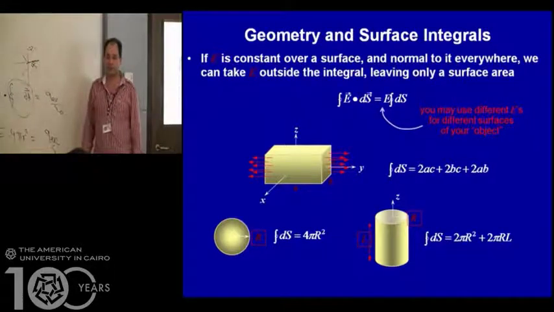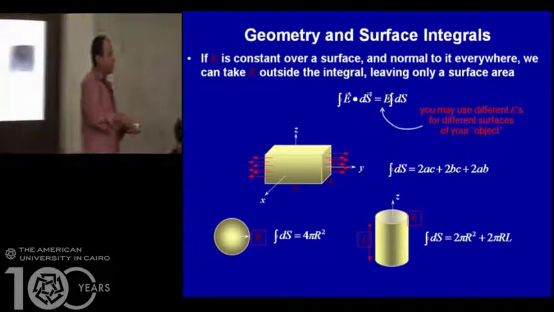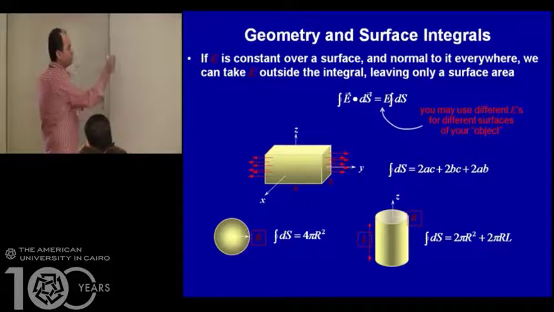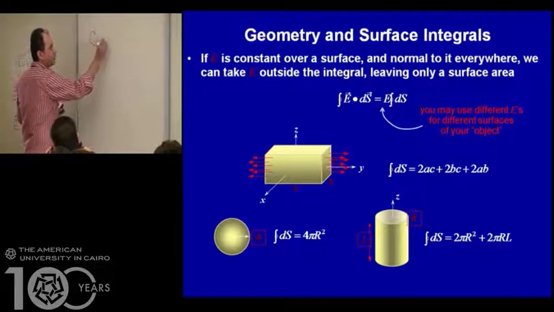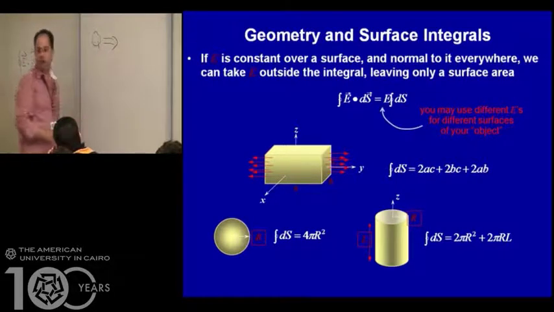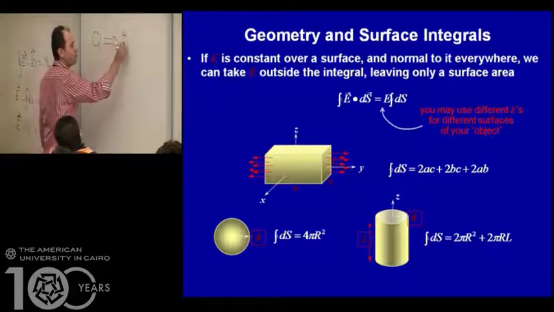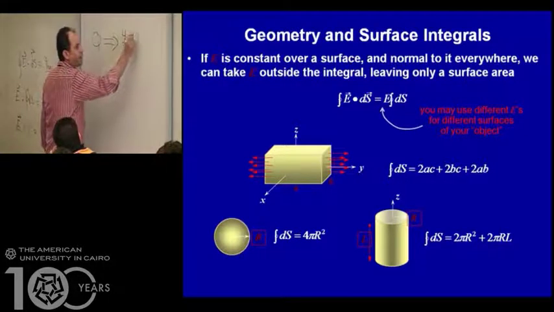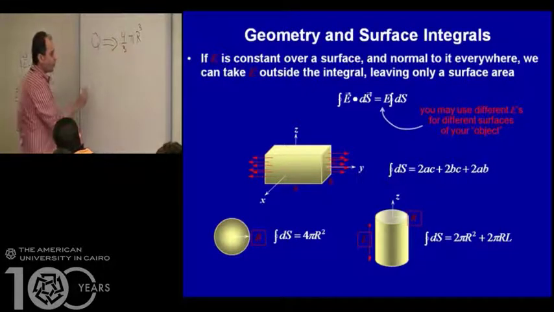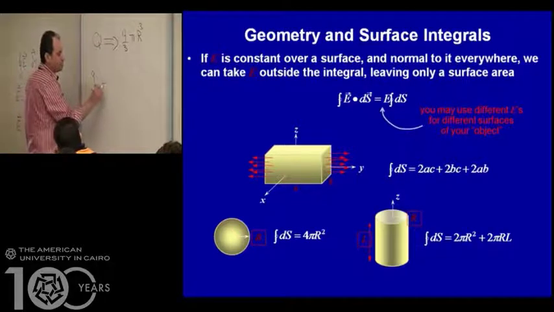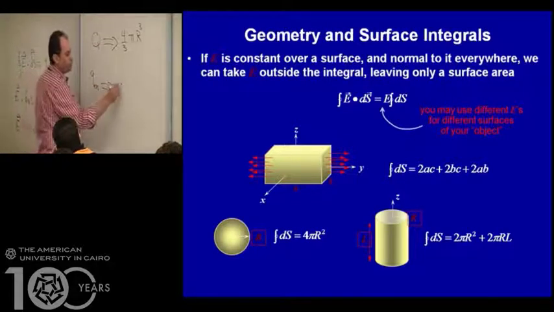What else? So now we have to calculate that Q enclosed. I'm going to say that the total charge Q is distributed all over the volume of that sphere, which has a volume of 4 over 3 pi capital R cubed.